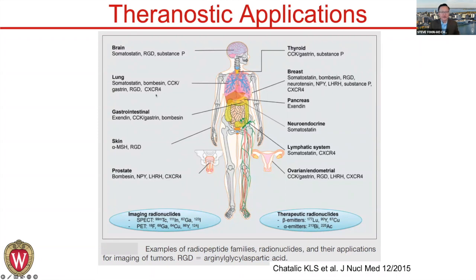So one area is somatostatin or bombesin or gastrin-releasing peptide receptors, an area for active investigation. Another area could be CXCR4, or other areas where it can really be used to target not just prostate cancer or neuroendocrine tumor, but a variety of different tumor types affecting different organs and different systems.